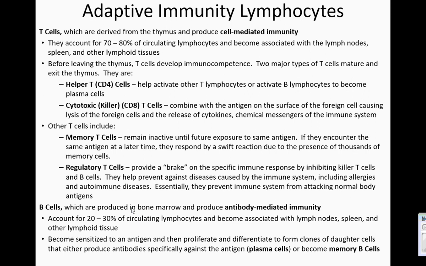They can either become a memory B or they can become plasma cells. Plasma cells are the ones that produce those antibodies that we mentioned the other day, those immunoglobulin proteins. Okay. Memory Bs can actually eventually become plasma cells, so that's their function.